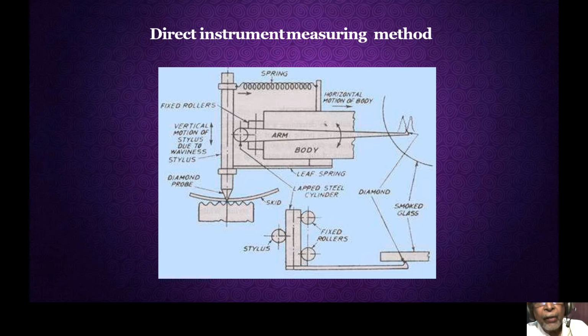Now, how does it work? When you keep this diamond probe over the skid, and the spring tries to pull it to the right side, the skid will just tilt over the job.